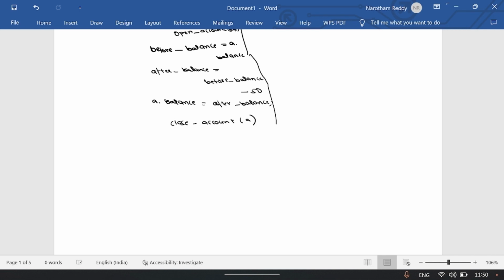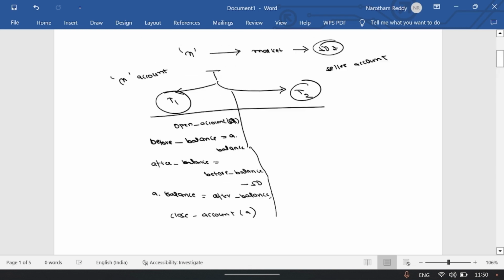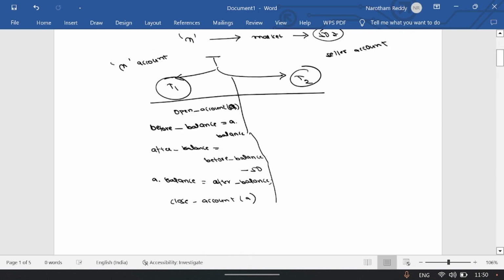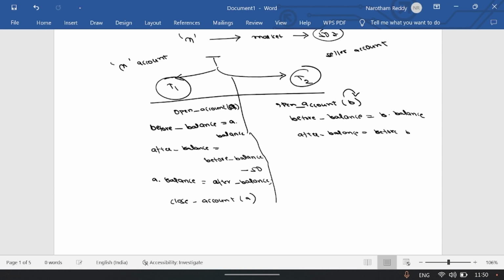Now coming to T2, the seller account: open account B, which holds amount B. Before balance equals B.balance, after balance equals before balance plus 50.